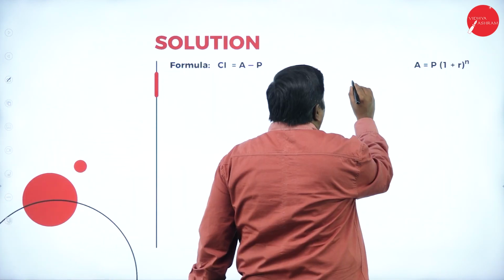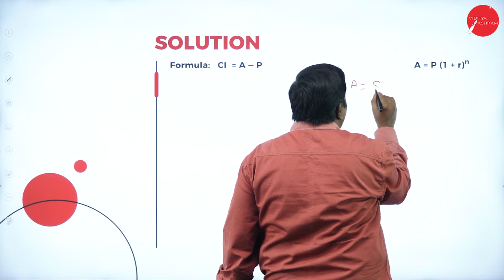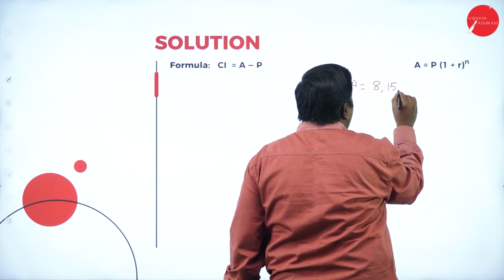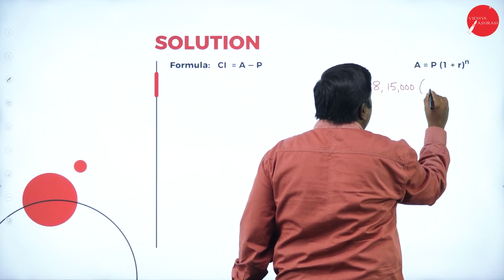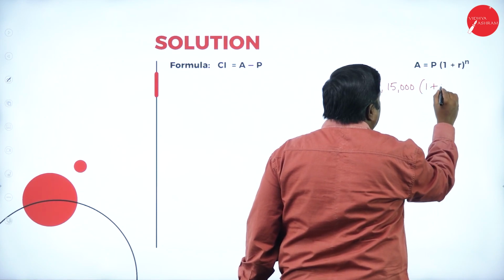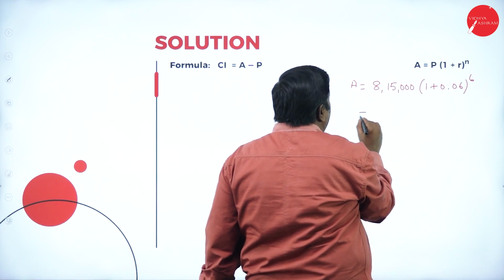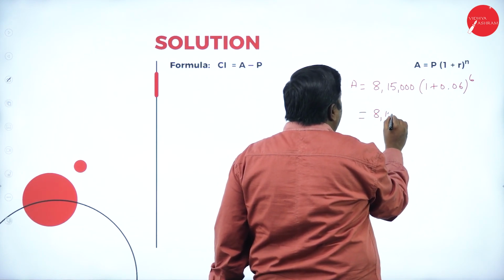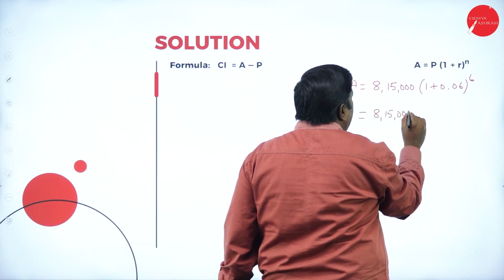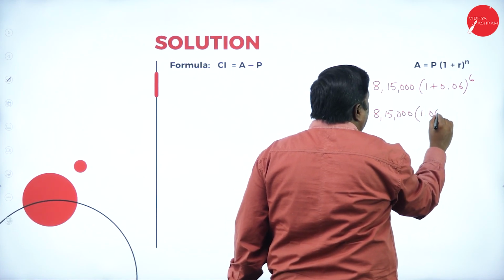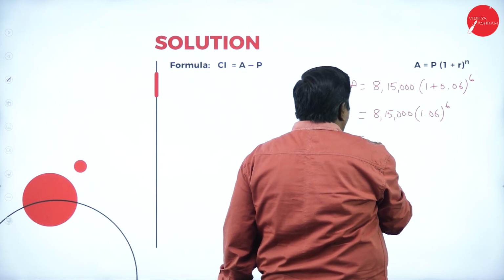So now annuity equals 8,15,000 into 1 plus 0.06 to the power of 6, which is 8,15,000 into 1.06 to the power of 6.